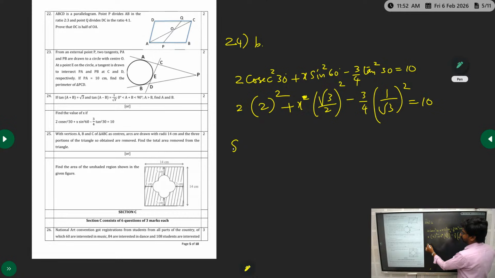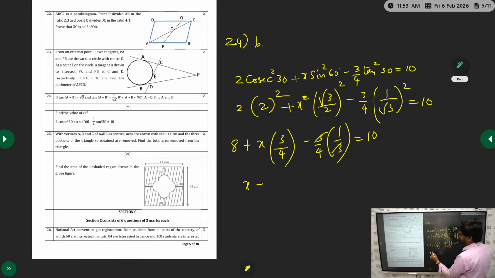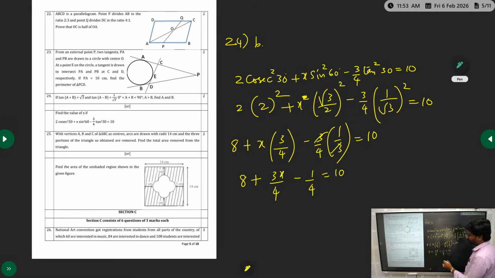4 2s are 8, plus x square, root cancels, 3 divided by, minus 3 by 4 into 1 by 3 is equal to 10. 3 cancels. 8 plus 3x by 4 minus 1 by 4 equals 10. 3x by 4 minus 1 by 4 is equal to 10 minus 8.